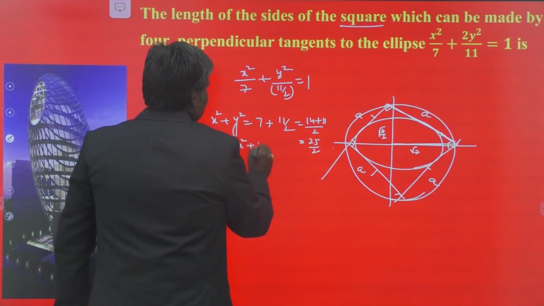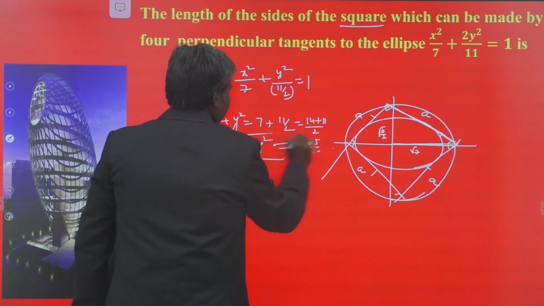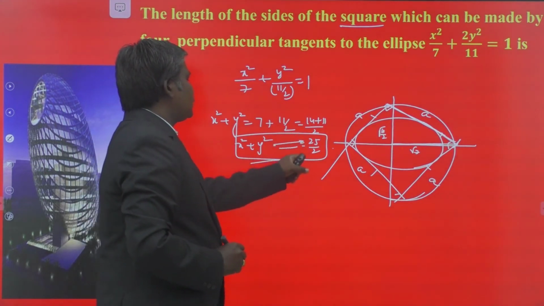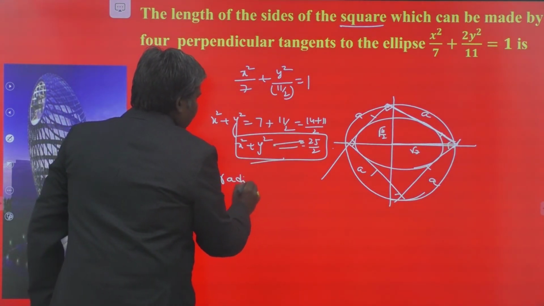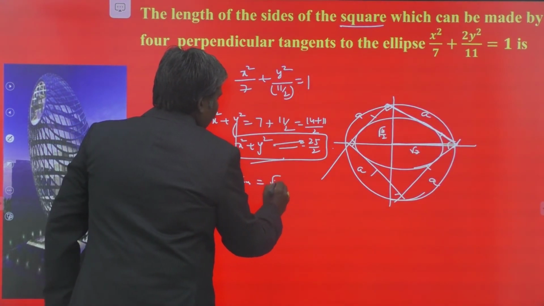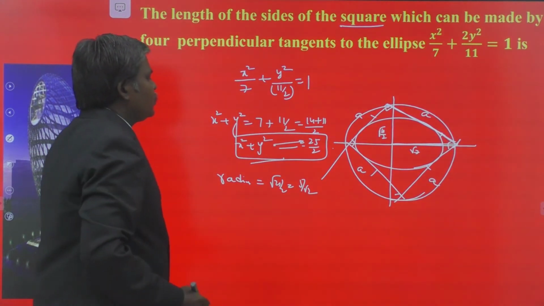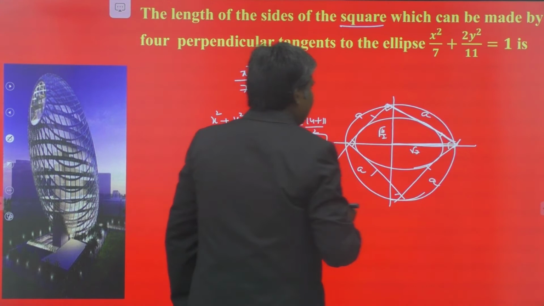X square plus y square is equal to 25 by 2. This is your director circle. So what is the radius of your director circle? The radius is root of 25 by 2, that is 5 by root 2.